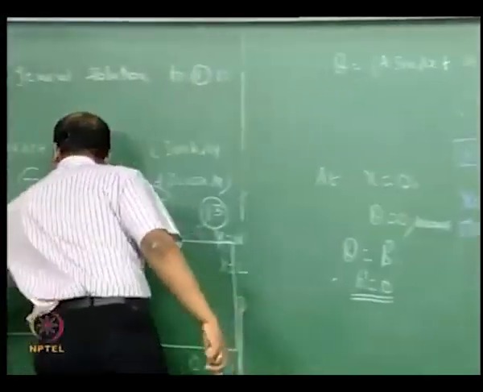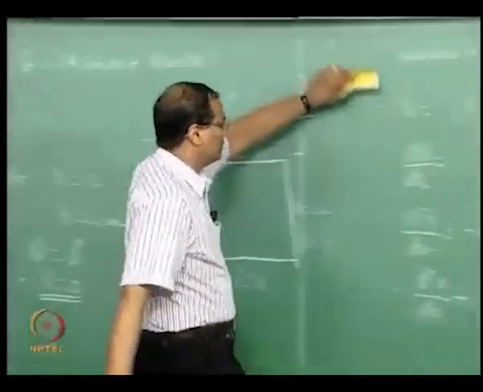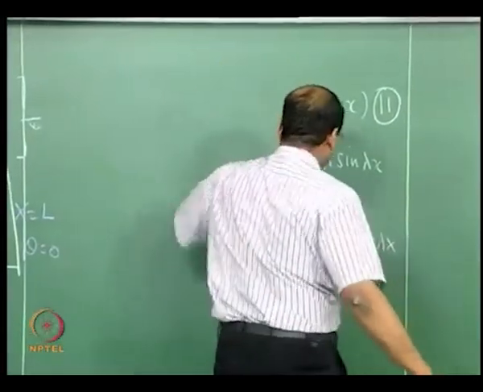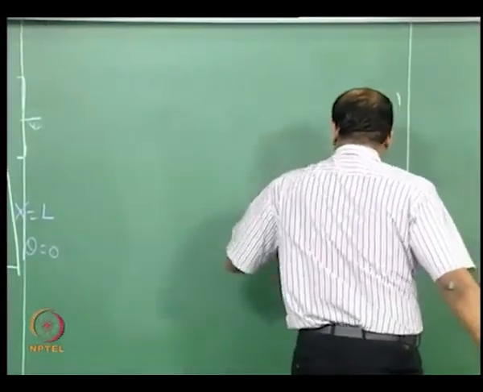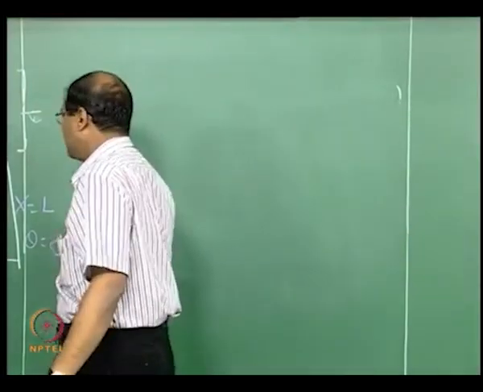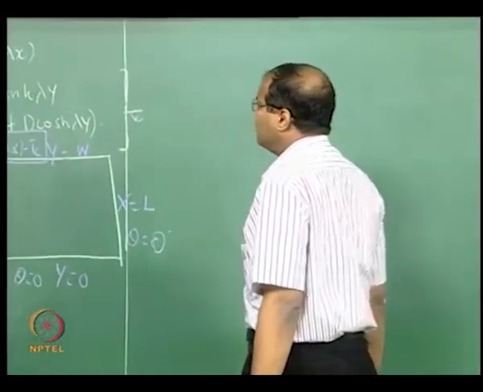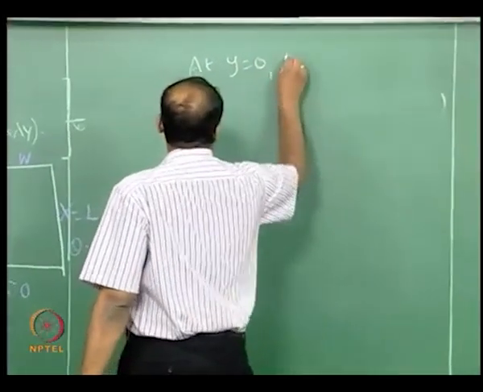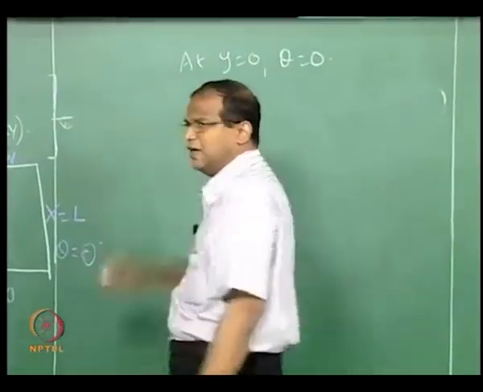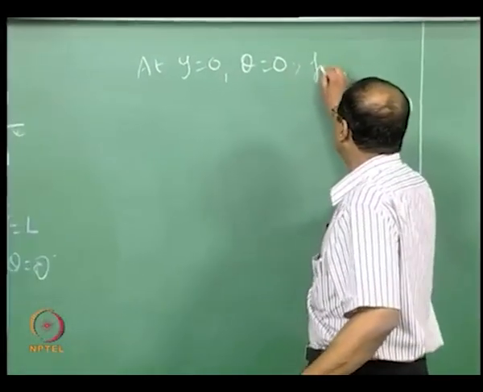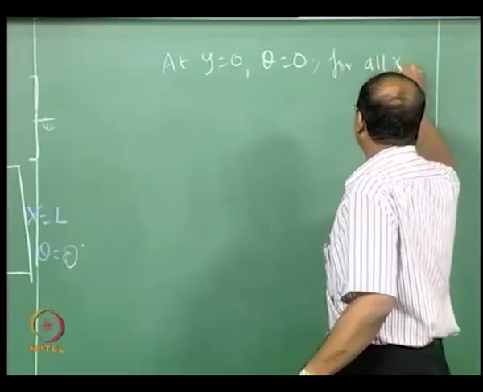Next, at y equal to 0, theta equal to 0 for all x. That is the bottom wall.